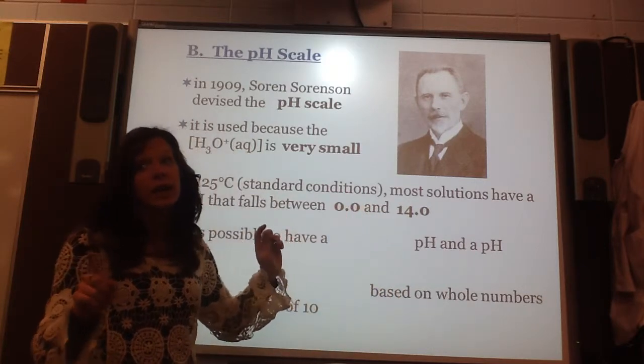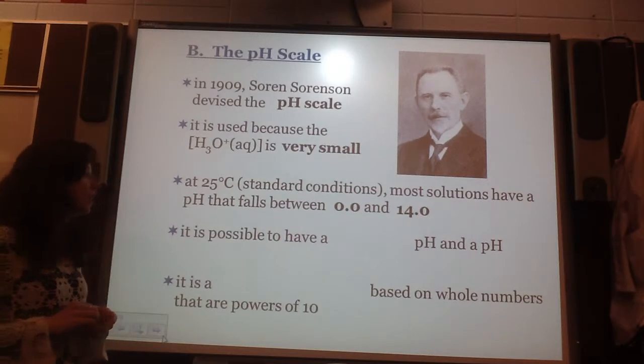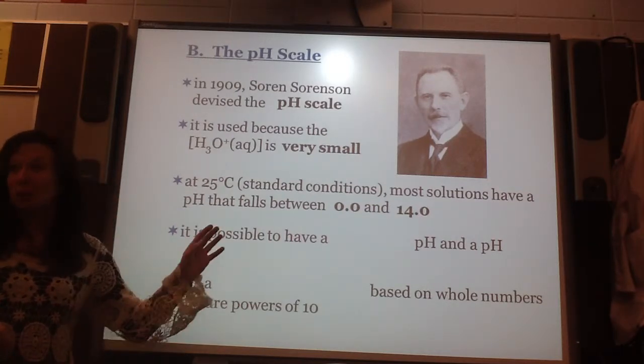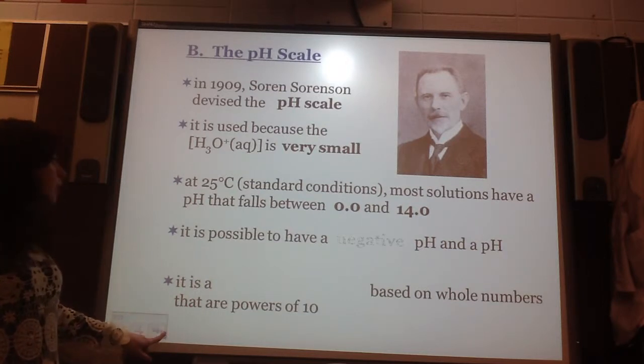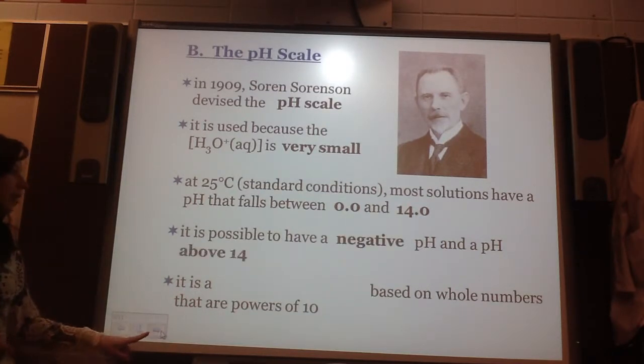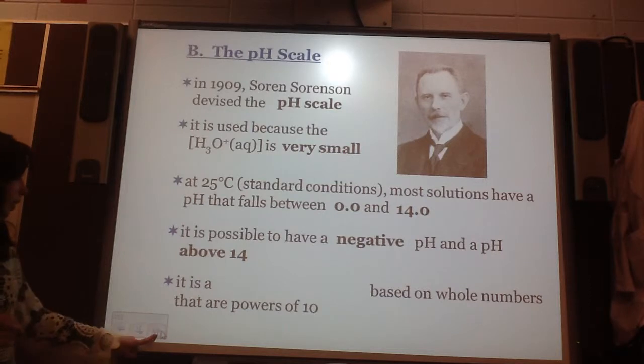But if you get an answer that's above or below that, it's not wrong. Okay? Well, it might be, but not just because it's off the scale. It is possible to have a negative pH and a pH above 14. It's just not common.